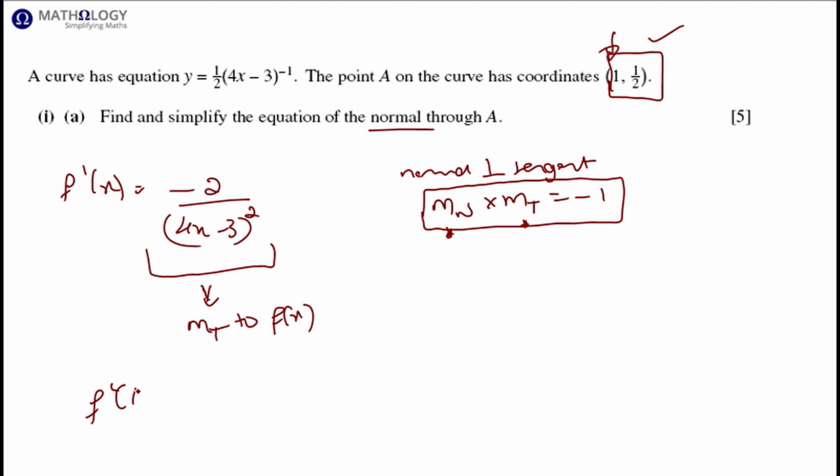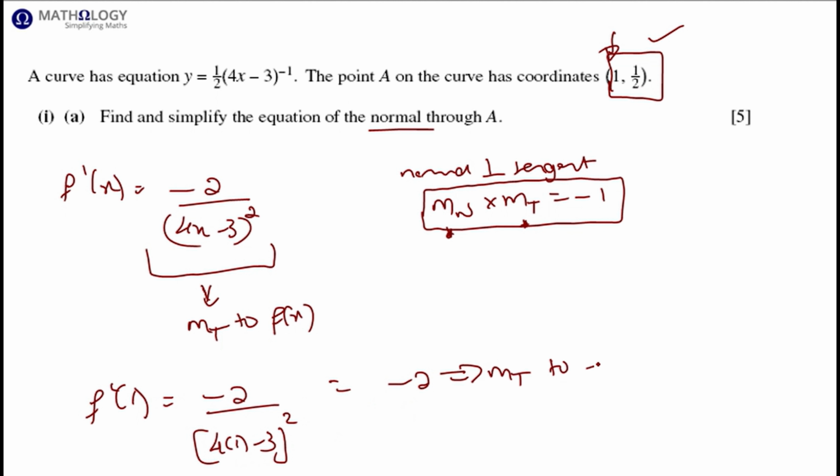So f prime 1 will be minus 2 over 4 times 1 minus 3 squared. That'll be 4 minus 3 is 1, squared is 1. So f prime 1 will just be minus 2. Minus 2 represents the gradient of the tangent to f at the point 1, a half.